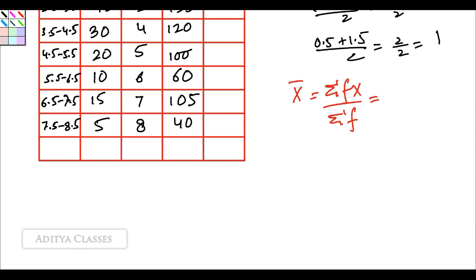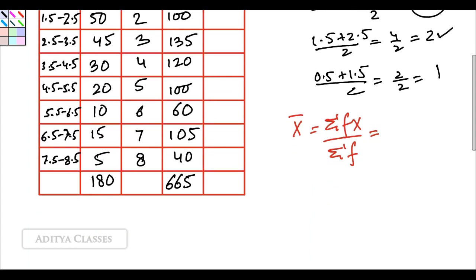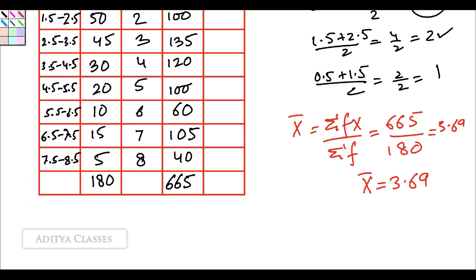Now summation of fx would be 665 and summation of f is 180. 55, 100, 150, 160 and 20, 180, and similarly this is 665. So let us go ahead and find our mean. It would be 665 divided by 180, giving me a mean of 3.69. So my mean comes out as 3.69.